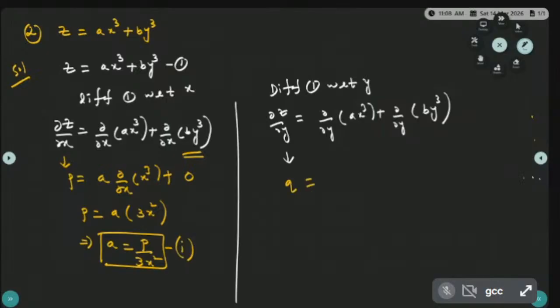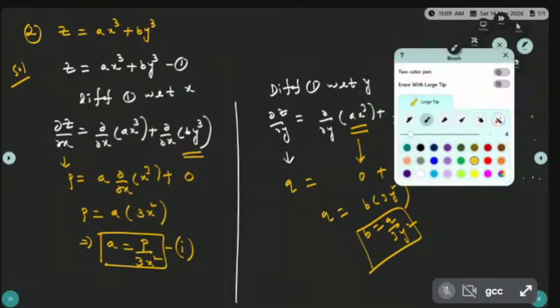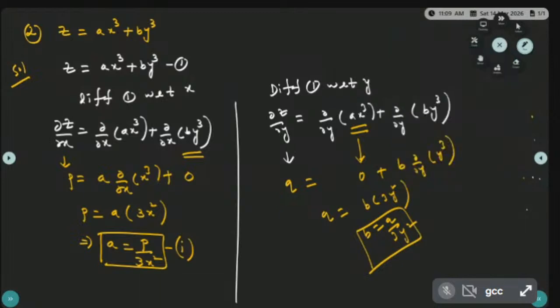Q equal to 0, b outside. Completed? Nice, good.